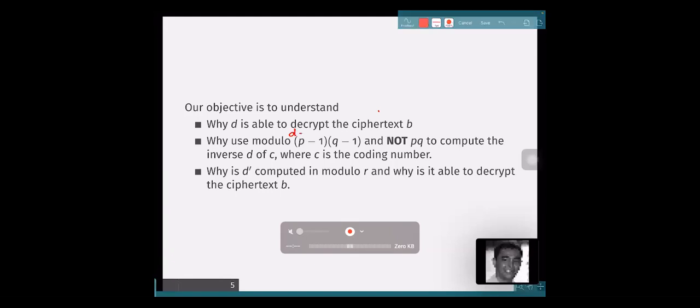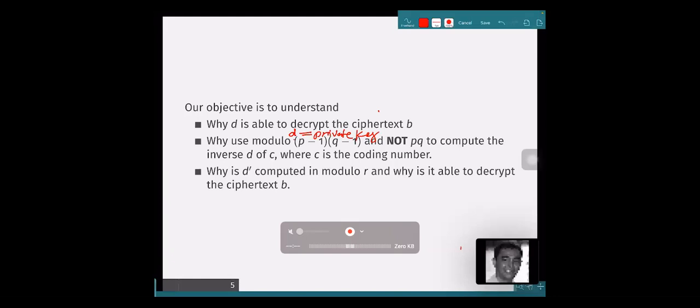Okay, let me annotate this. This one here refers to D. D is the private key.